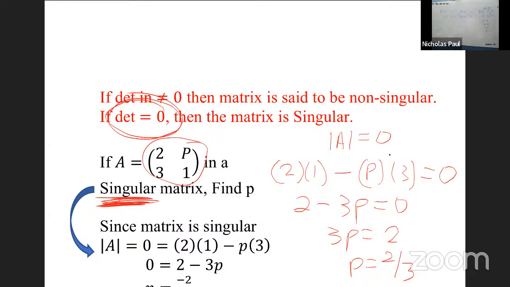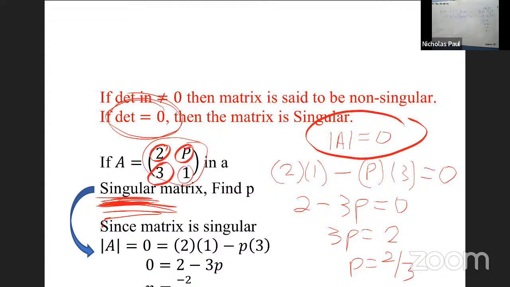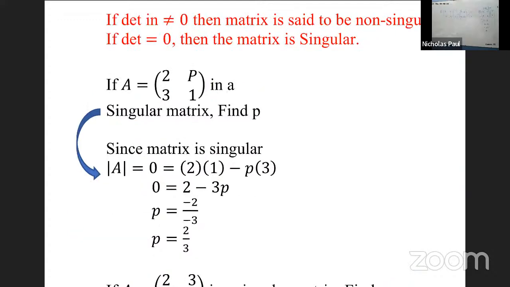Yeah. Right. So the question said that the matrix is singular. So once the matrix is singular, we know that the determinant is 0. Then we go ahead and find the determinant. You multiply 2 by 1, p by 3, and subtract them. And you work it out. That's okay. Right. Copy down the example.